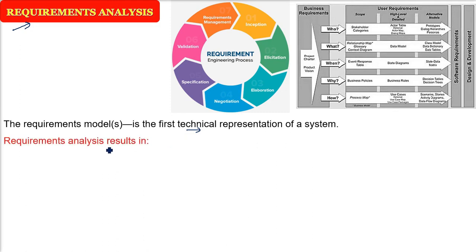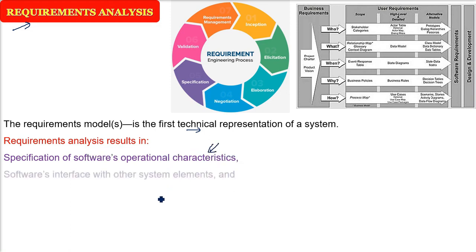So when requirements analysis is done, which is the refinement, cleaning and elaboration of requirements, what do we get? The first thing we get is the software's operational characteristics: when it will operate, what the functions are, what the features are.